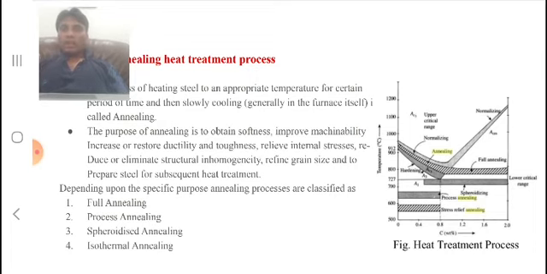Even in hypereutectoid steels, whatever structure we have, pearlite plus cementite, either in the form of a cementite network along the grain boundary region, or in the form of globules, will remain as it is. No microstructure changes take place in process annealing. This is very important.